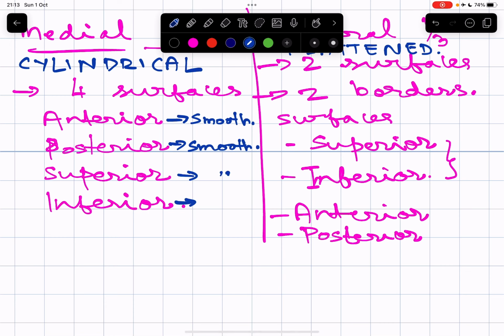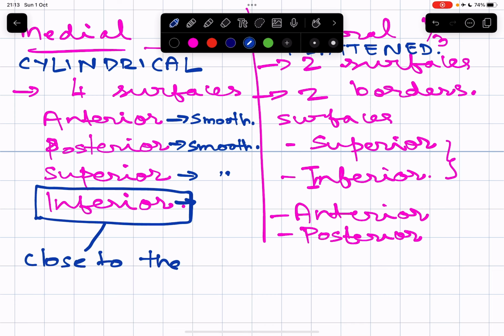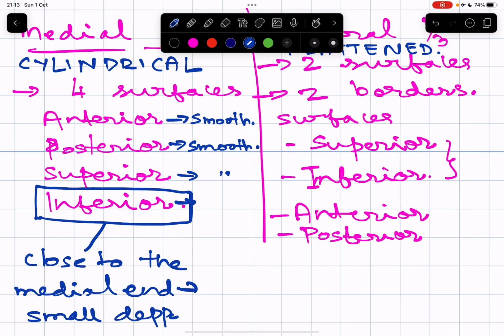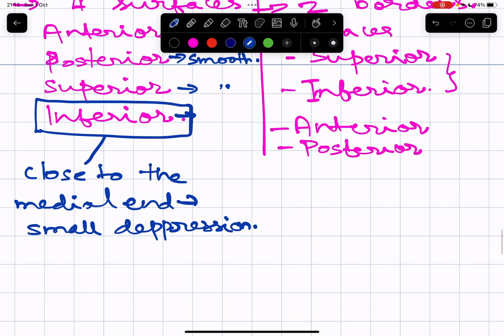The superior surface is also smooth. The inferior surface, this is important, the inferior surface of the medial 2/3 close to the medial end actually presents a small depression. That is medial 2/3 close to the medial end.